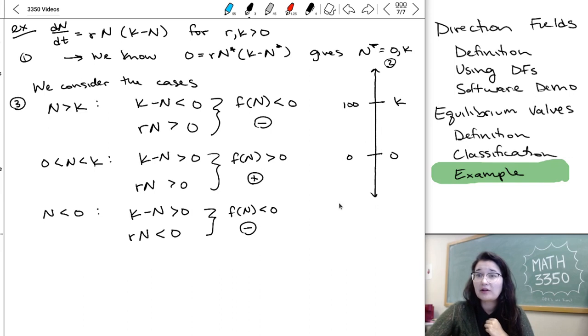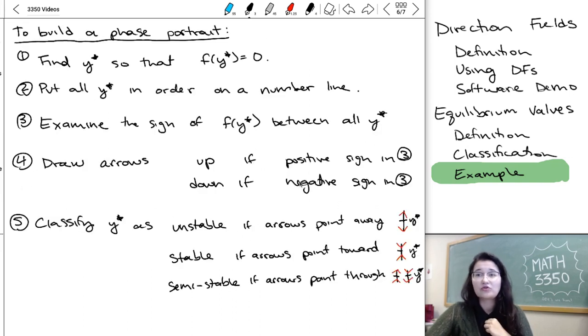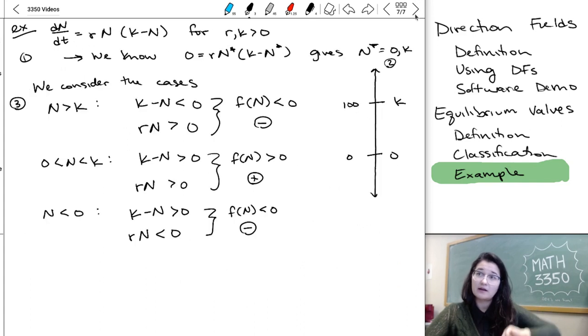And now we have to move on to step 4, which was draw arrows up if it's a positive sign or down if it's a negative sign. So we're just going to come back over here and we're going to say, okay, in this region, I got a negative, so I draw my arrows down. And in this region, I got a positive, so I'm going to draw my arrows up. And then in this region, I got a negative, that means I draw my arrows down.